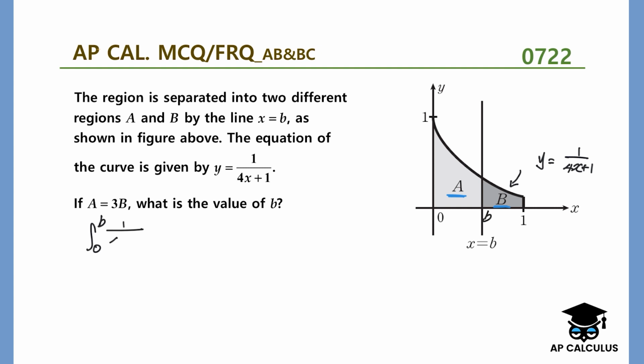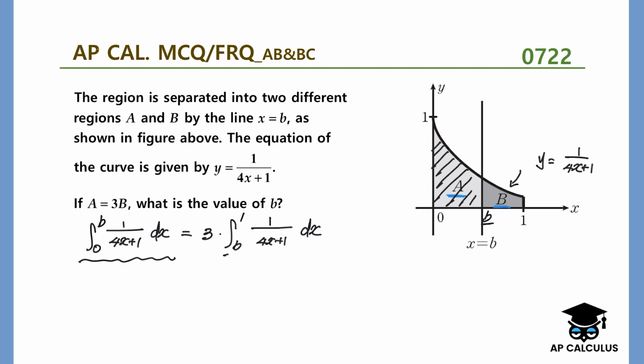Of 1 over 4x plus 1 dx is equal to 3 times the definite integral from b to 1 of 1 over 4x plus 1 dx, right? Because this definite integral represents the area of this region, and this definite integral represents the area of this region, right?